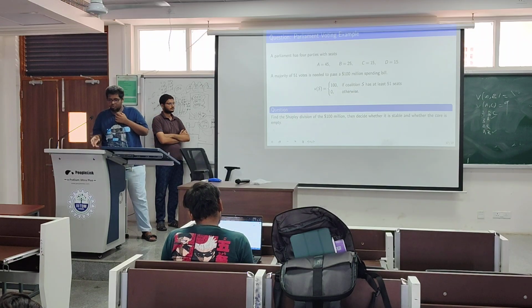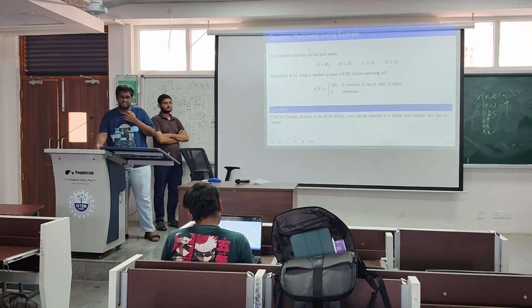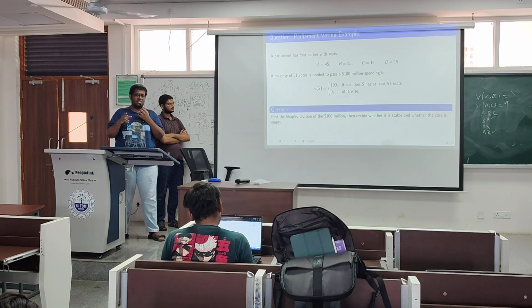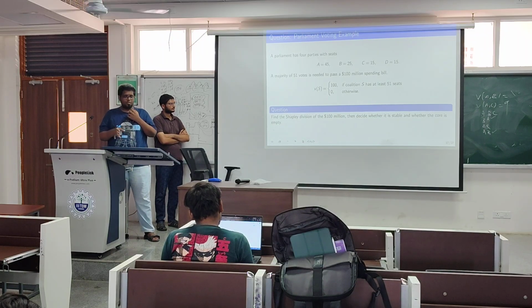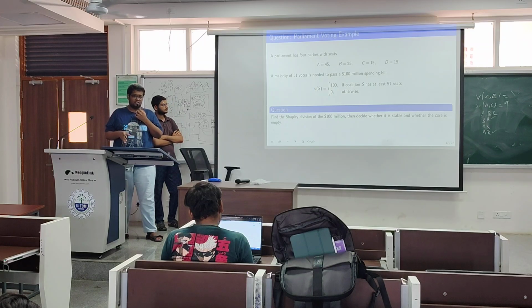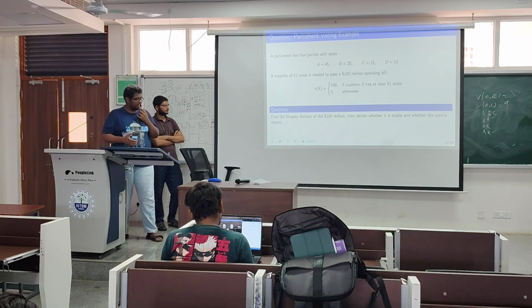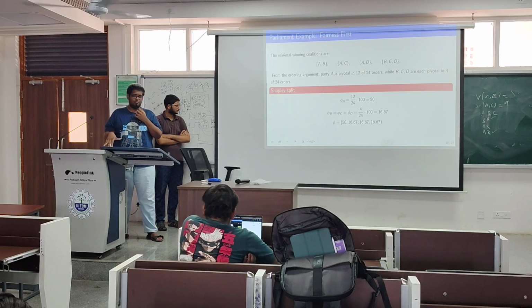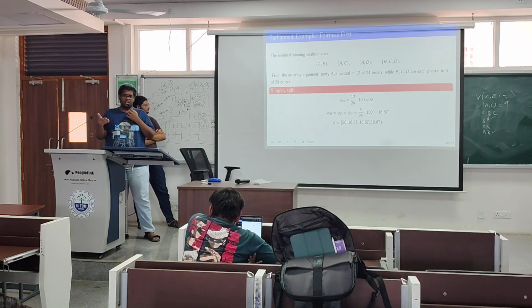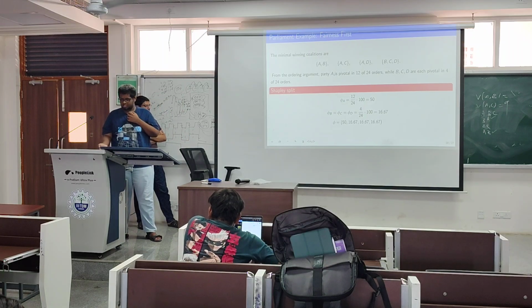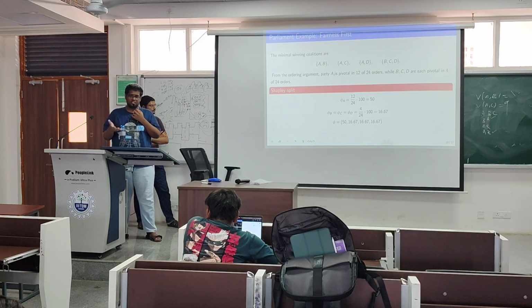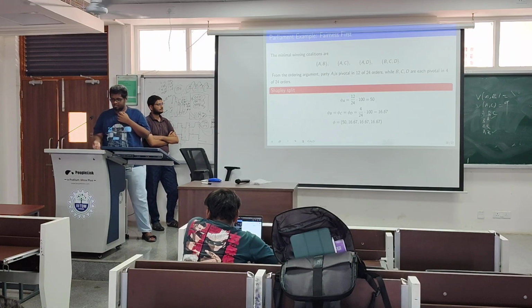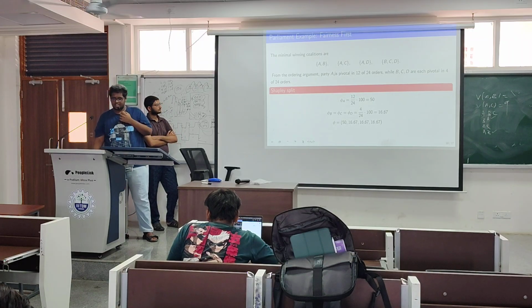Or even if C or D joins before A and A joins second, in that way also we can count the number of ways. I'm just doing the intuition right here. In that way we get a total of 12 ways out of 24 in which A can come and give some contribution. And the contribution is always 100 because $100 million was going to be spent. From that we get a Shapley value of 50.